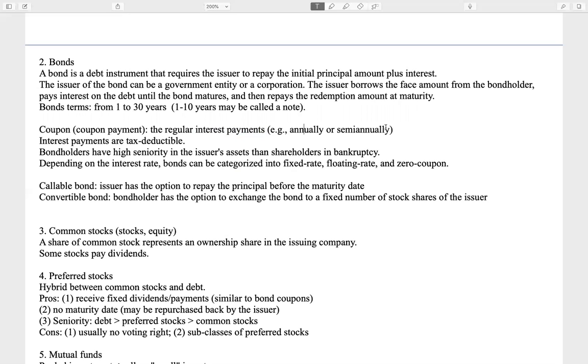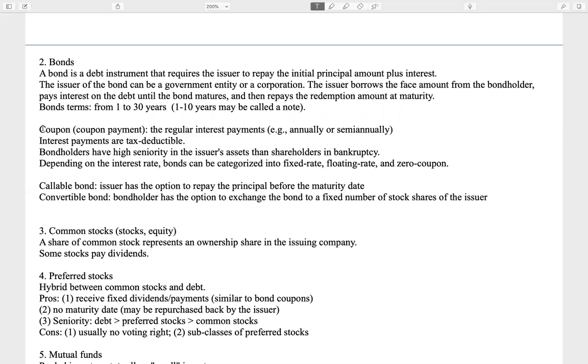Of course, it can be at a different frequency, but usually those two are more common, with semi-annual being the dominant choice. At the end of each year, or at the end of each 6 months, the holder will receive some coupons.